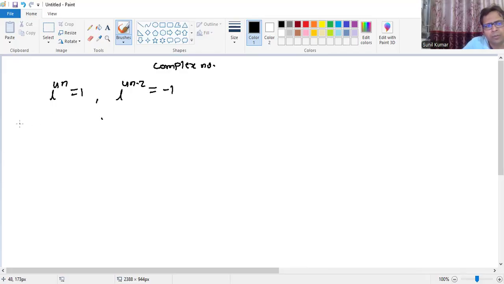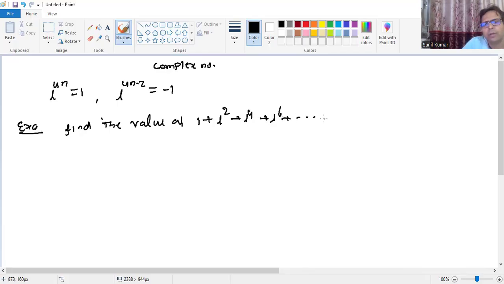Now I'm going to continue with questions related to iota. The question is: find the value of 1 plus iota power 2 plus iota power 4 plus iota power 6 plus dot dot dot iota power 2n.